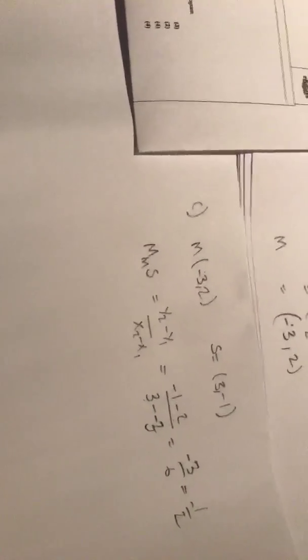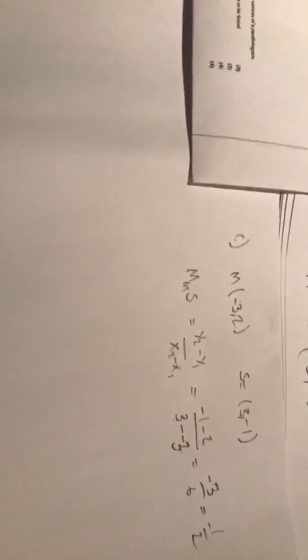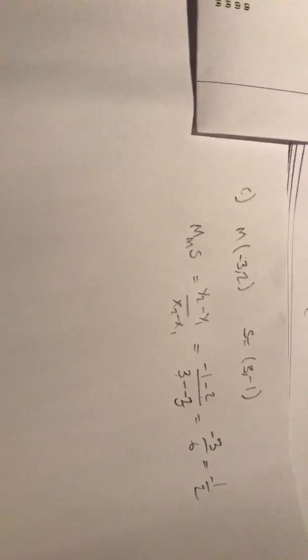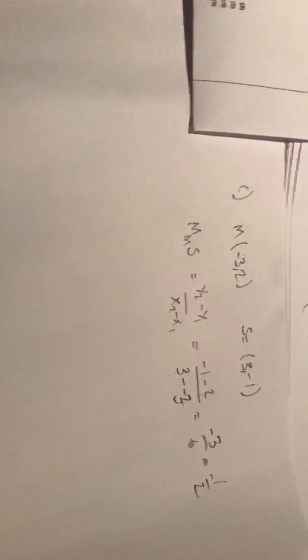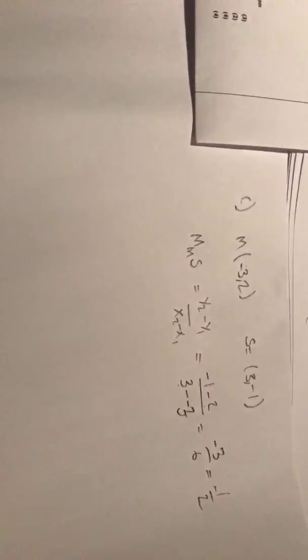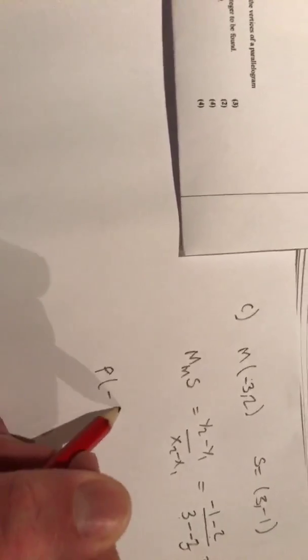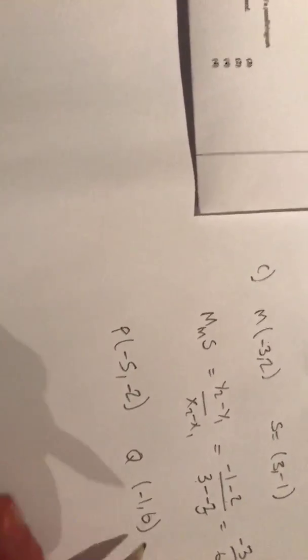So you should know by now that if you've got the gradient of MS to be -1/2, then we're hoping that PQ would have a gradient of 2, because we know that multiplying the gradients of two perpendicular lines together will give you an answer of -1. So if we find the gradient of PQ, P has coordinate -5, -2, Q has coordinate -1, 6.